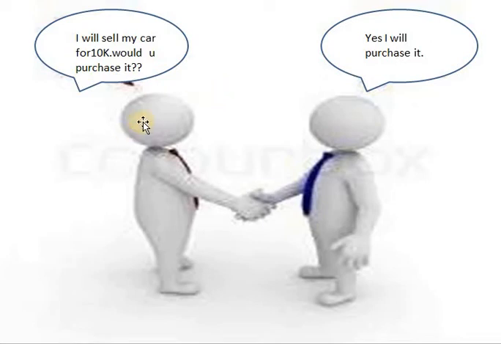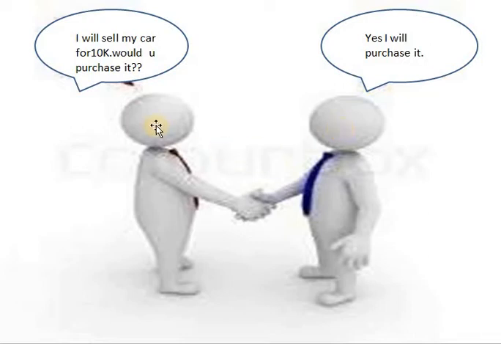Here, the person who is selling the car is called an offerer, and the person to whom the offer is made is called an offeree. The person who is accepting, that is purchasing the car, is called a promisor, and the one to whom the promise is given is called a promisee.